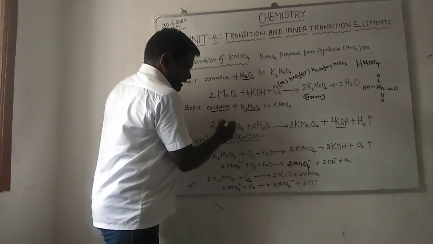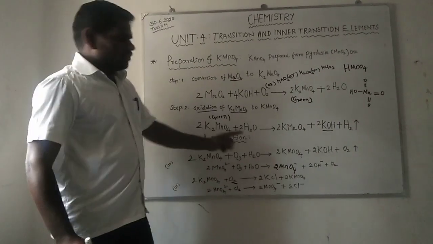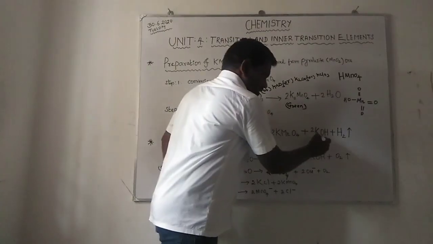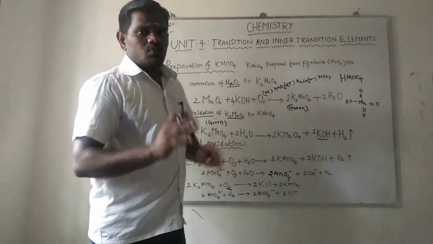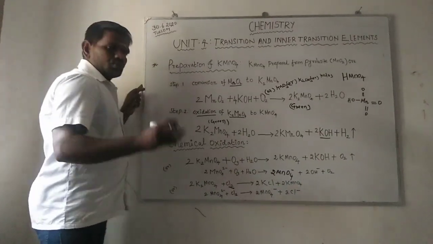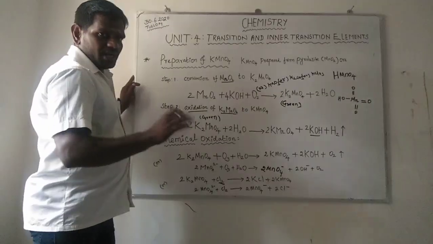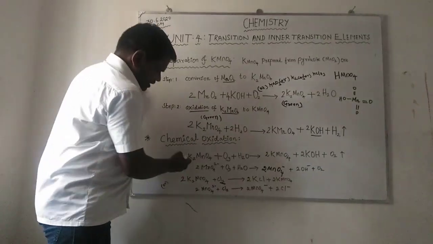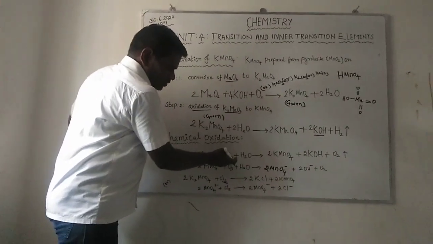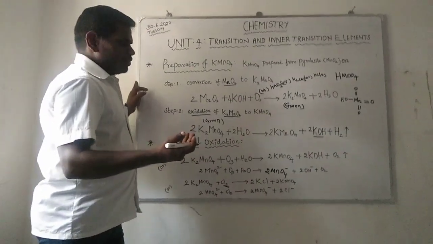The green potassium manganate is treated with water to give potassium permanganate, 2 moles of KOH and hydrogen gas. This step generally undergoes 2 processes: chemical oxidation and electrolytic oxidation. Now 2 moles of potassium manganate are treated with ozone to give potassium permanganate and 2 moles of KOH.